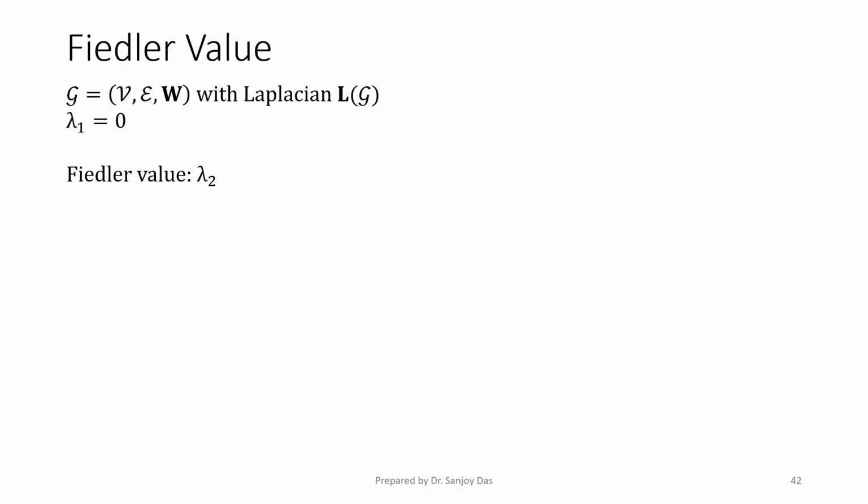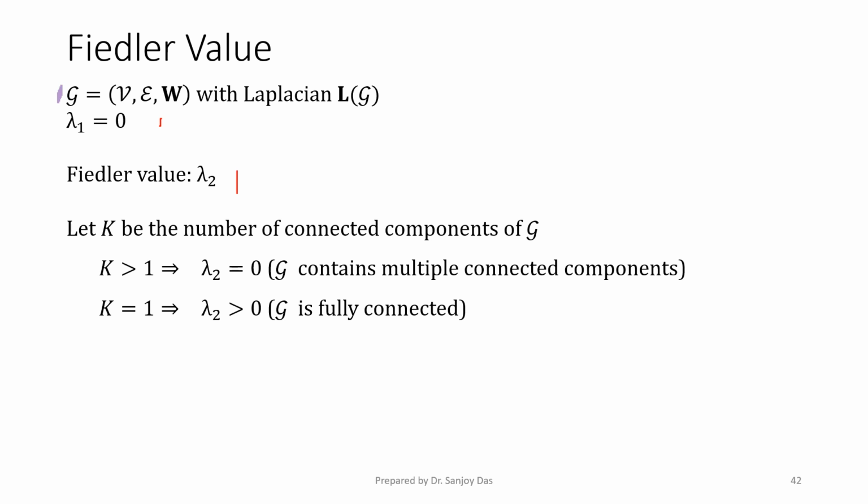Fiedler value. So we have a graph and the Fiedler value is lambda 2. Lambda 1 is always 0. Now, if k is the number of connected components of the graph, if k is greater than 1, then obviously the graph is not fully connected, in which case lambda 2 is equal to 0.